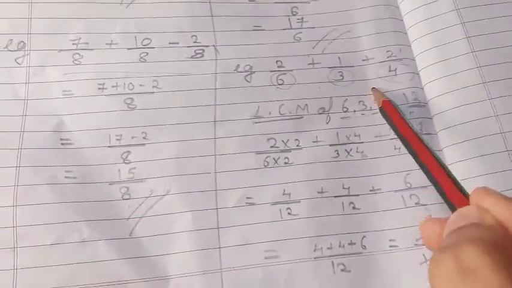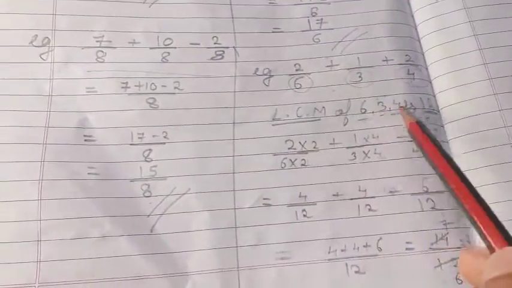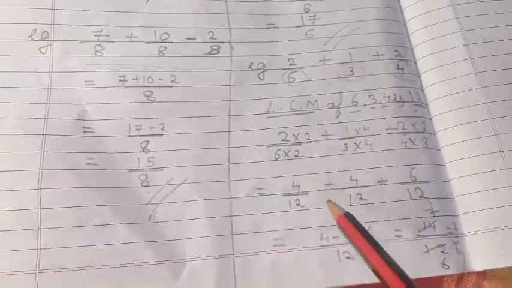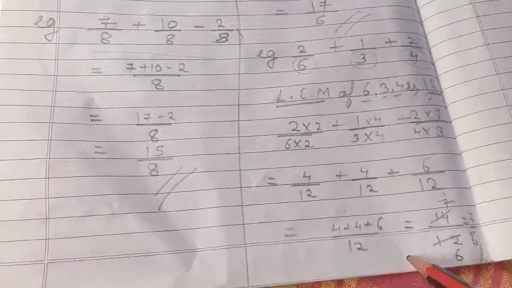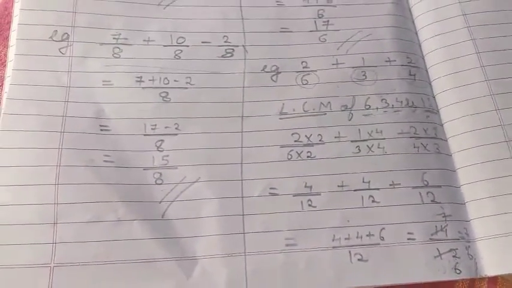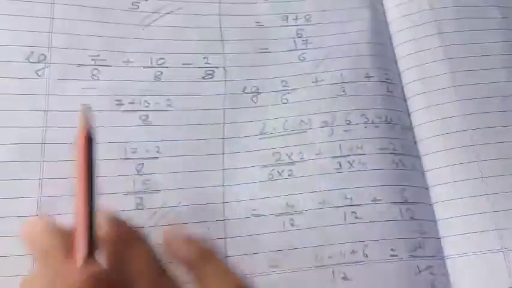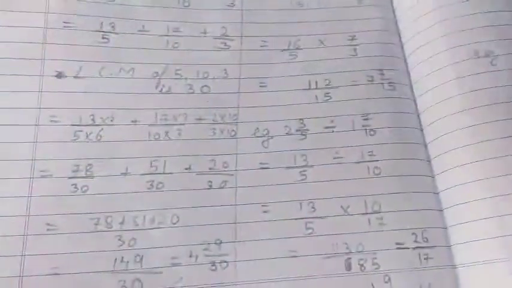If there are more than two fractions, you have to find the LCM of the denominators, then convert and find the answer. Okay, it's clear. Addition and subtraction is very easy.